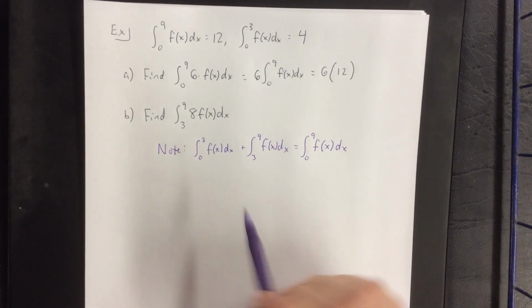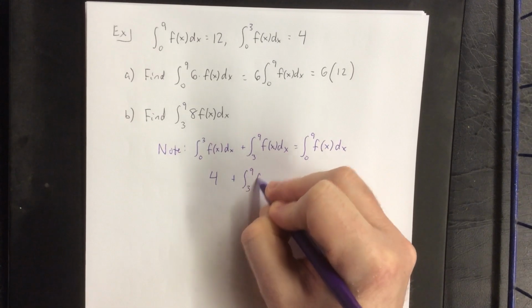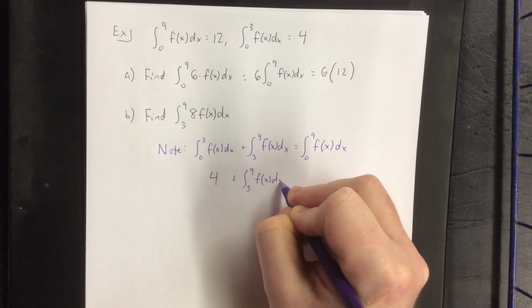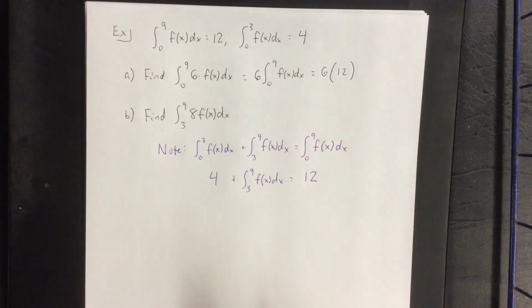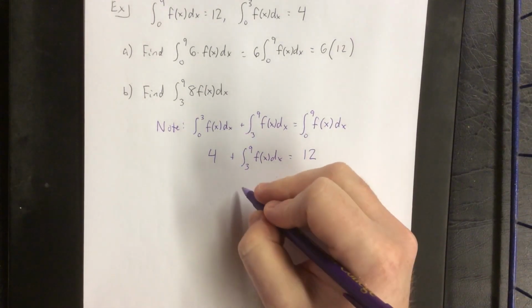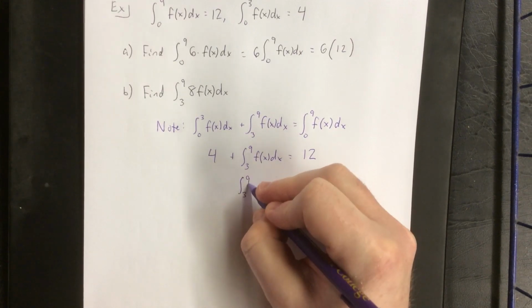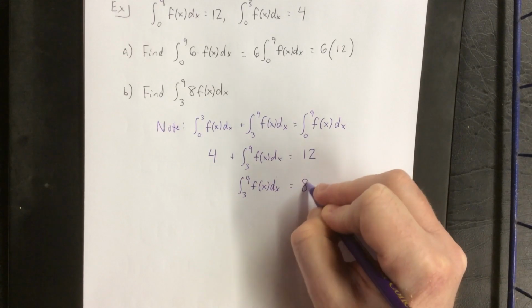Given that this is equal to 4, and given that this is equal to 12, we can use algebra to figure out the value of the definite integral from 3 to 9 of f of x dx. This would be equal to 8.